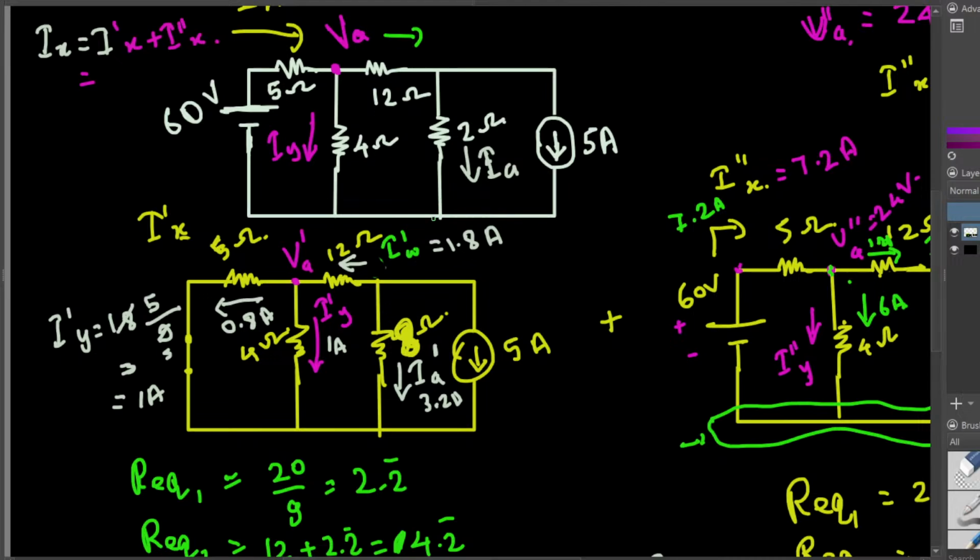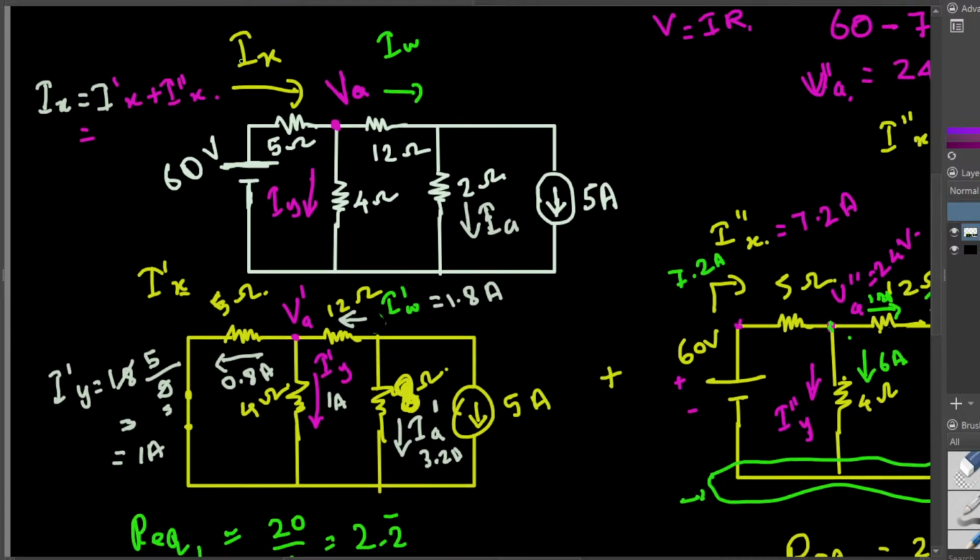So if I want to express it in terms of the original direction we assumed, this direction, I have to put a negative for this 0.8 because it is the opposite direction of what we assumed. So I put a negative 0.8 for the I prime of X, and then I double prime of X is in this direction, that is positive 7.2.